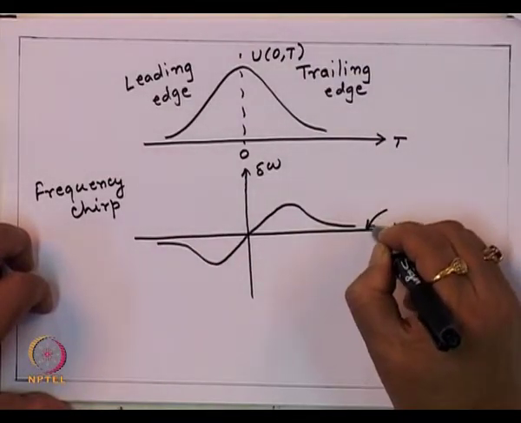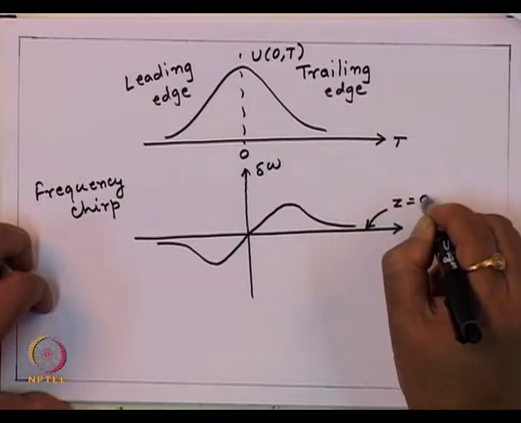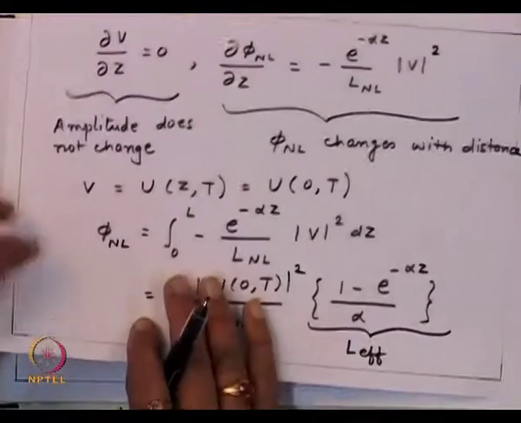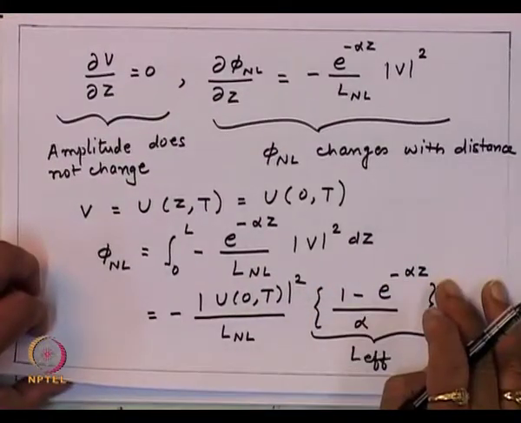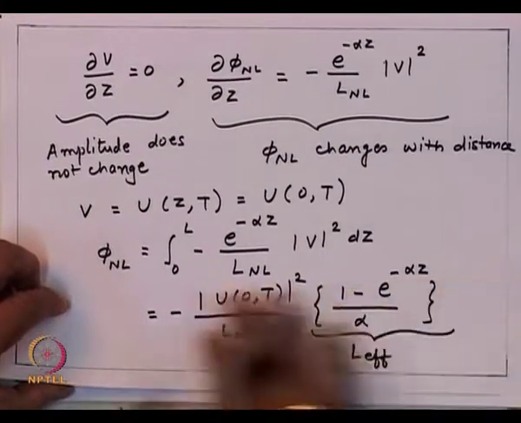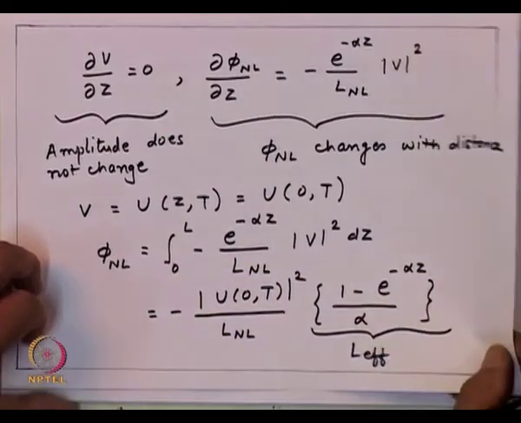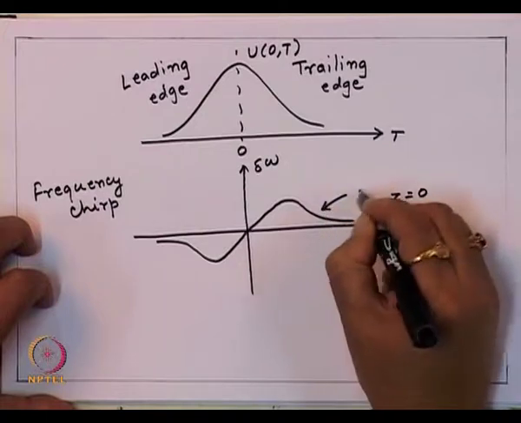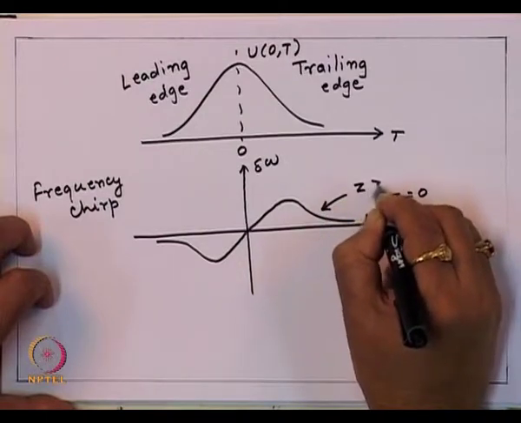That is the change in frequency I will get at z equal to 0. As I move further, z increases, so this quantity, the phase, will increase, and I will see the change in phase which will look like that for z greater than 0.